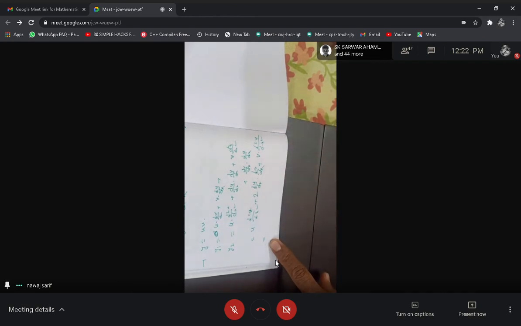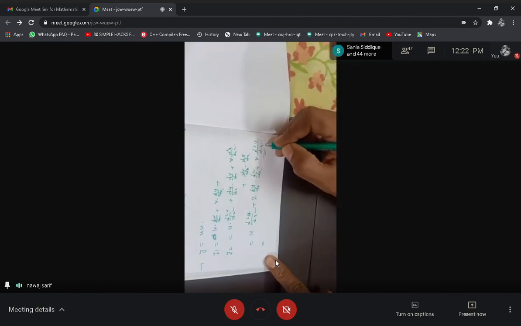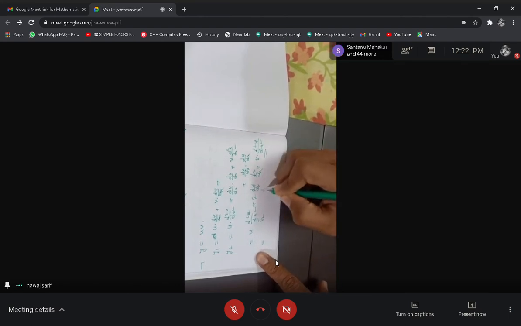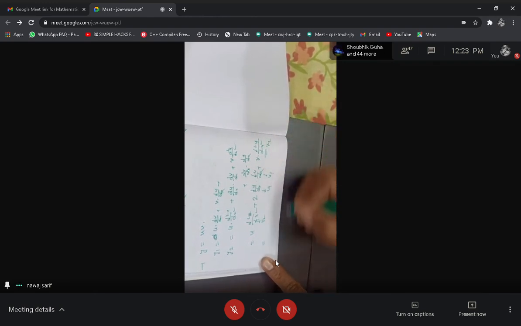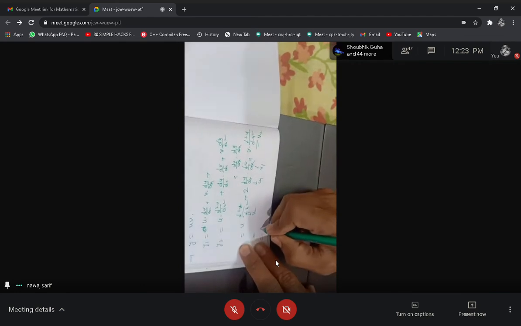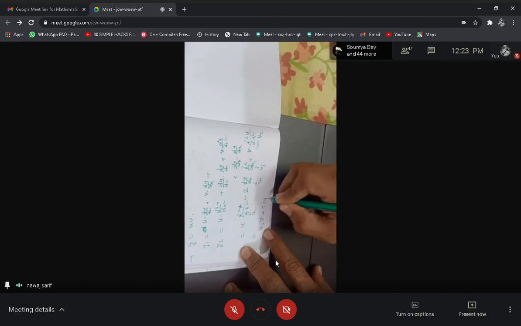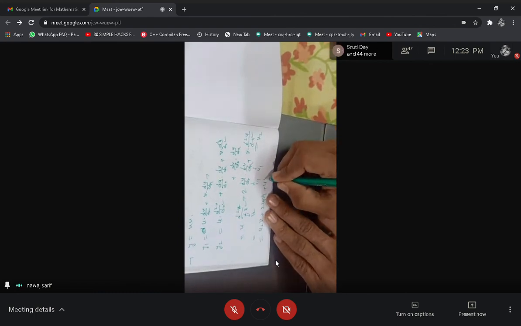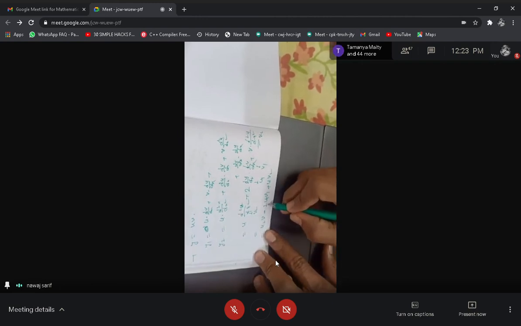The symbol of derivative: this one is d2u dx2, so you can write it as u2. This is v2, this is u1, this is v1, and this is u2. So you can write this as u2 v plus 2 u1 v1 plus u v2. That means the second order derivative is u2v plus 2u1v1 plus uv2.